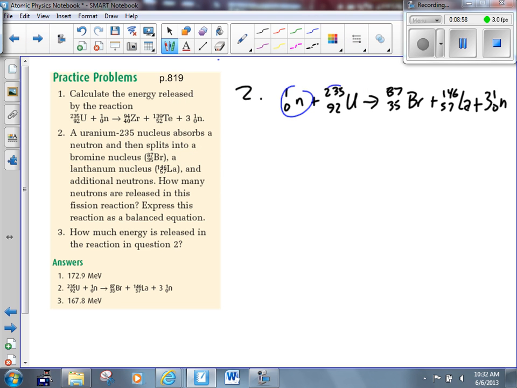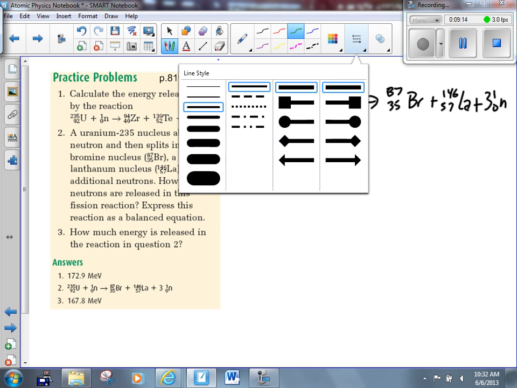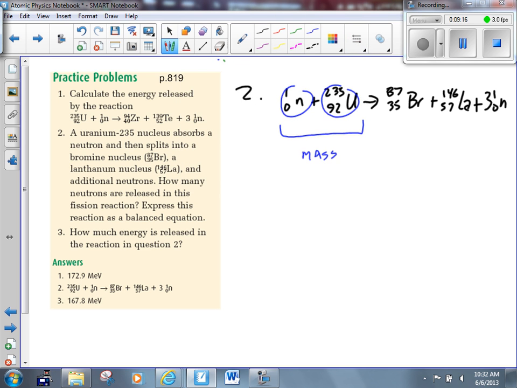Get the mass of the uranium-235, which you can also find on your data sheet. When we do that, we get a total mass here, the mass of the reactants. Add them up, right? Get a total mass. Do the same thing on the right-hand side. We're still in atomic mass units. Get the mass of bromine-87 from the table. Get the mass of lanthanum-146 from the table. The mass of 3 neutrons from the table. Add those masses up.